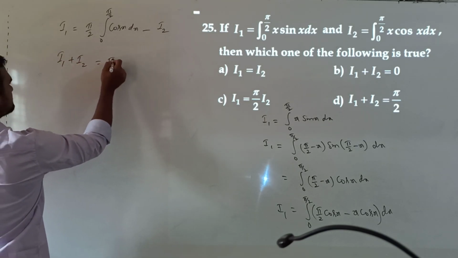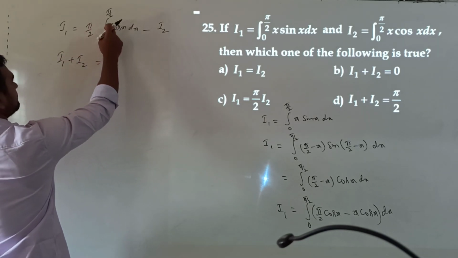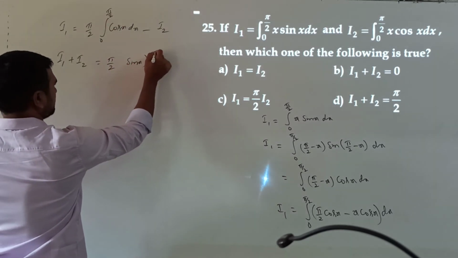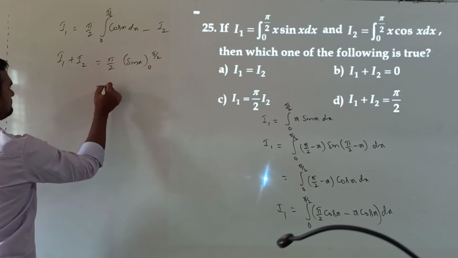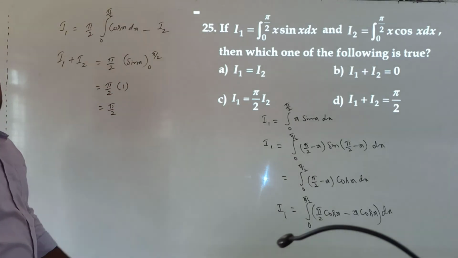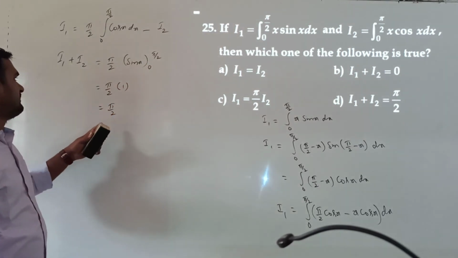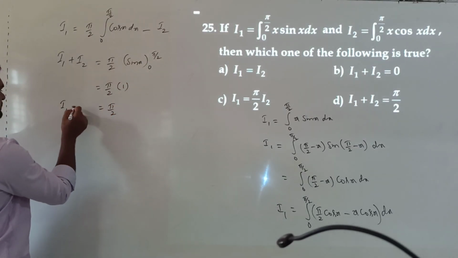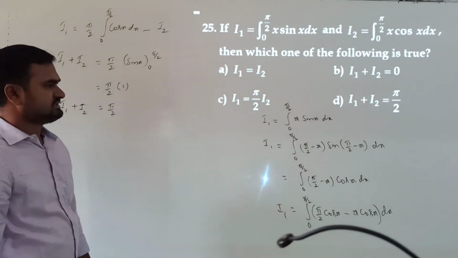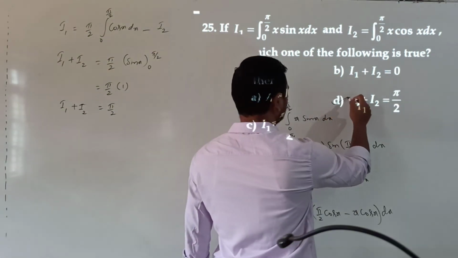I1 plus I2 is pi by 2 into the integral of cos, which is sin x, from 0 to pi by 2. Applying the sin limits, I1 plus I2 will be pi by 2. So the required answer is I1 plus I2 is pi by 2.